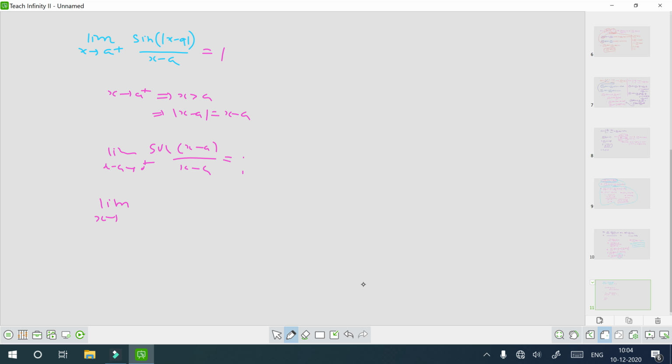Now suppose we wish to find limit x tends to 0 plus of integer part of x plus integer part of minus x. Very easy. See, x tends to 0 plus implies x greater than 0, so 0 less than x less than 1.